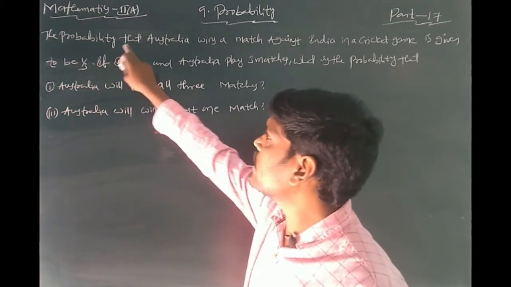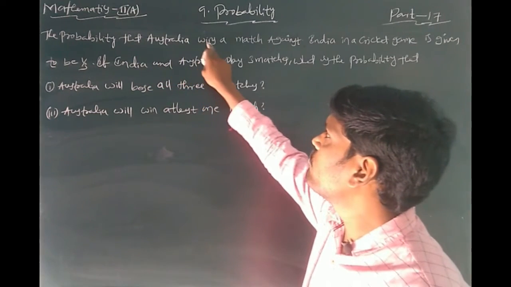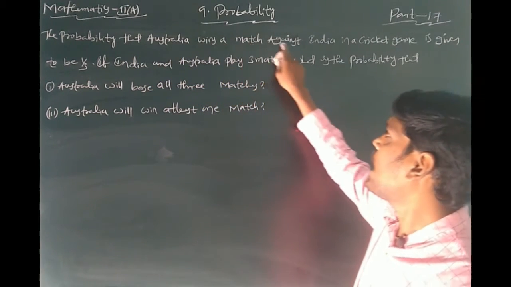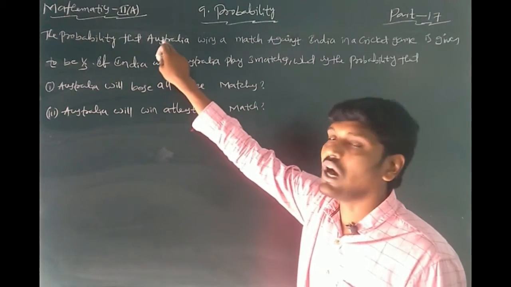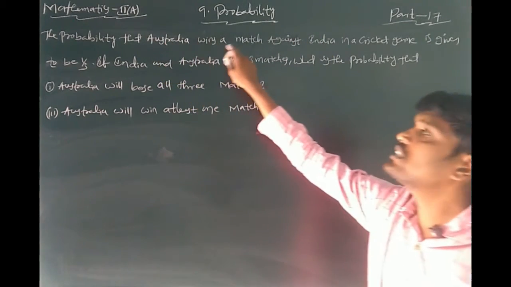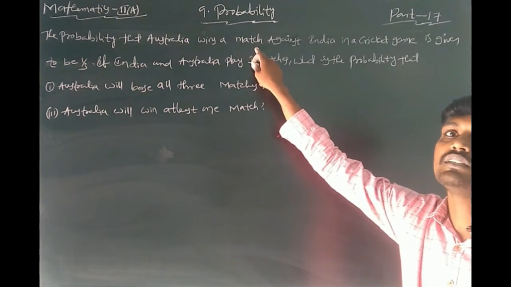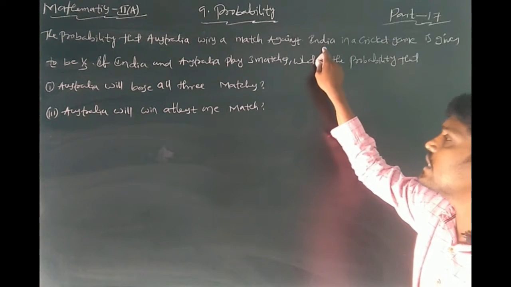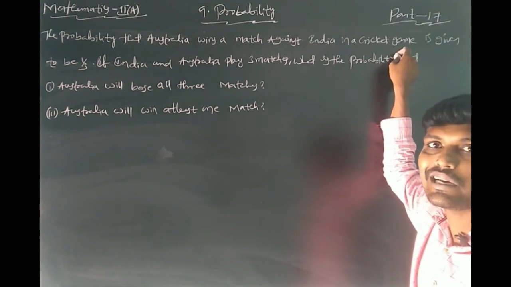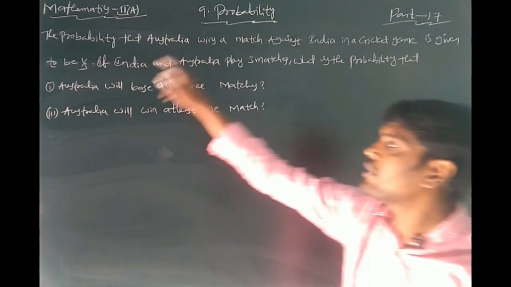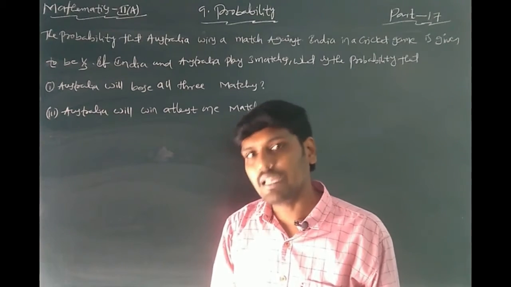What is that problem? The probability that Australia wins a match against India in a cricket game is given by 1/3.